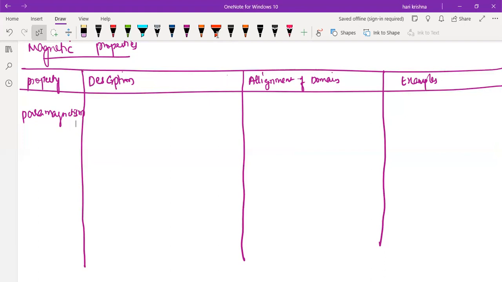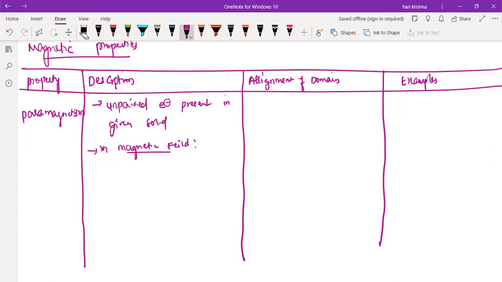So paramagnetism is a magnetic property which occurs due to the presence of unpaired electrons in the given substance. If you keep the substance in the magnetic field, it will get attracted.